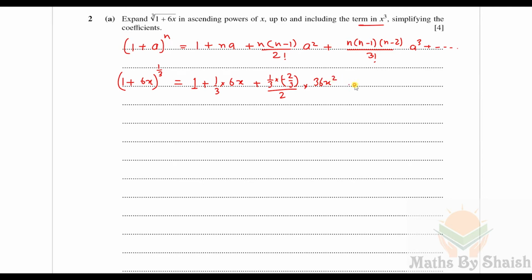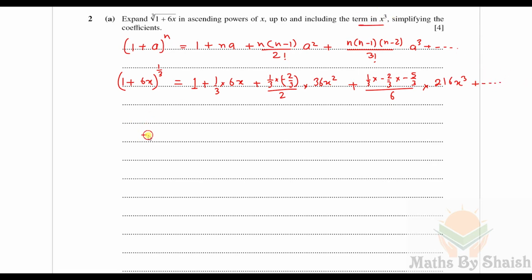The last one, because we need to write till x cube, is 1 by 3 into minus 2 by 3, and minus 1 by 3 minus 2 would be minus 5 by 3, upon 3 factorial, that is 6, into (6x) whole cube, where 6 cube is 216 and x cube. Now we are not required to write anything else because we require only till x cube.